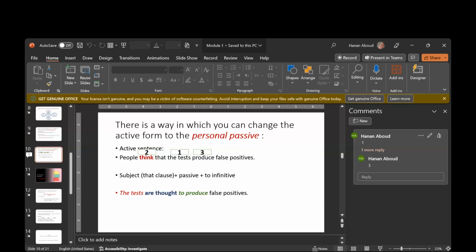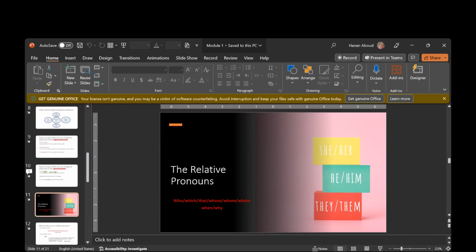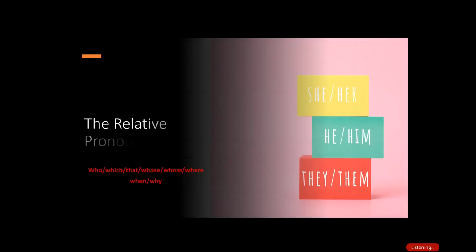When I talk about the relative pronouns, they are the connecting pronouns. What are they? As we see on the screen: who, which, that, whose, whom, where, when, why. Okay.